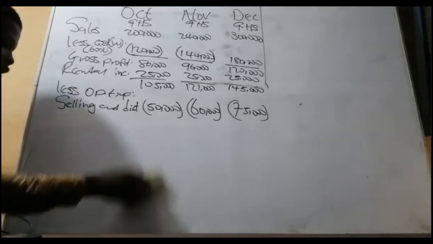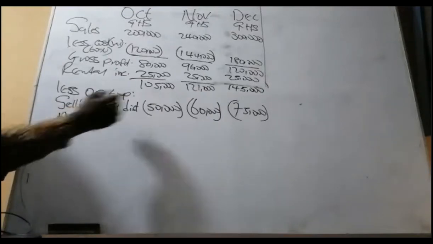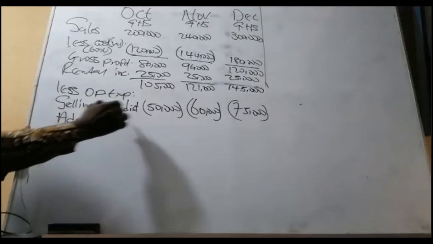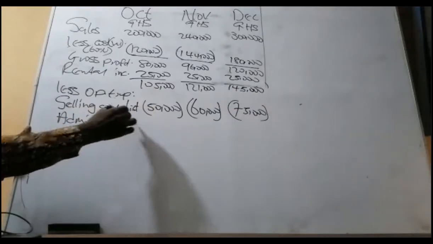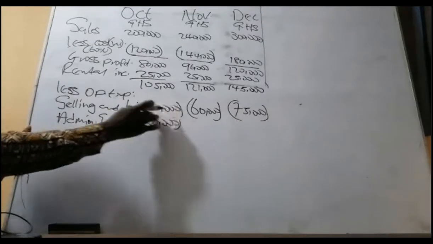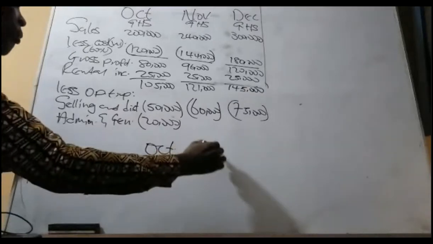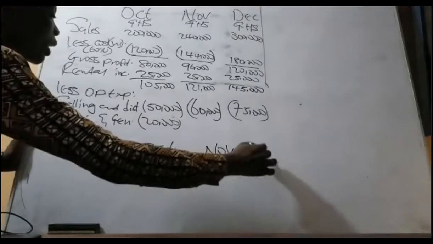Good. So I'll write here admin and general expense. For October, it will be 20,000 because that's the base. So right here, October, November, and December.